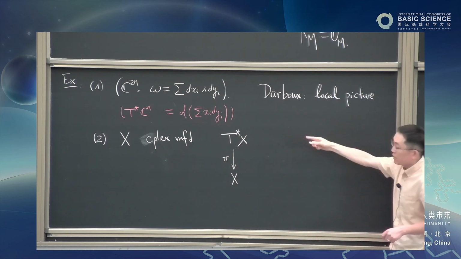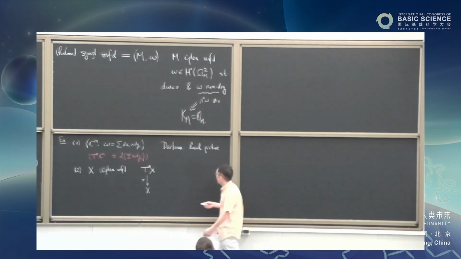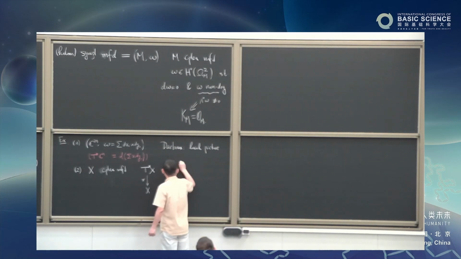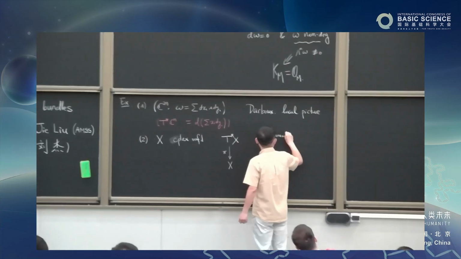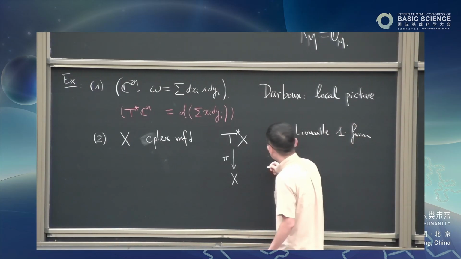On the total space of the cotangent bundle, there is a one-form called the Liouville one-form, which is given as follows.